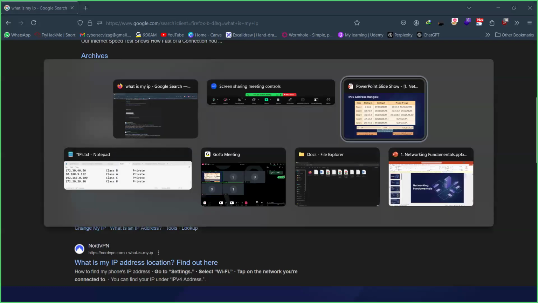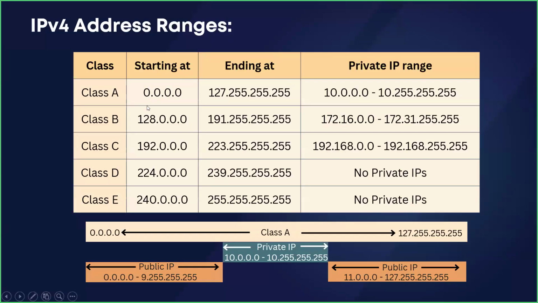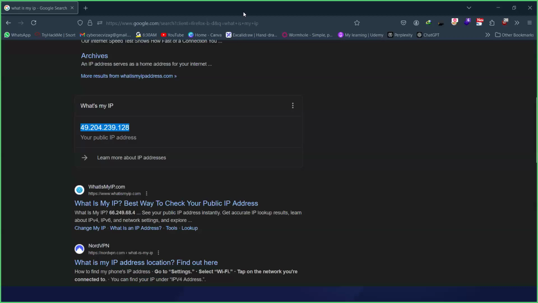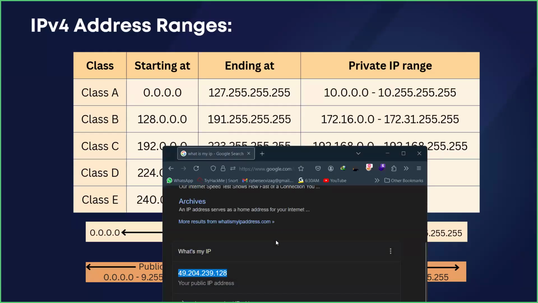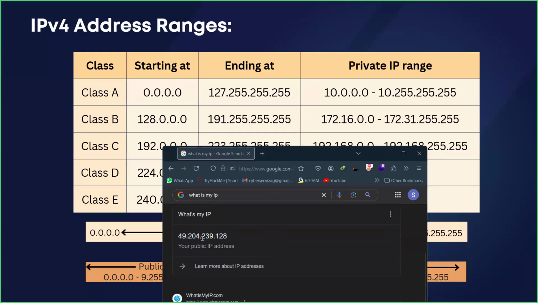Class A. Yes, it is class A, between 0 and 127. And is it a public IP? 0 to 127, and it is 49.204 something. Is this a public IP, guys? Right. It is a public IP. As you can see, it is falling outside the range between 10 and 10, right?